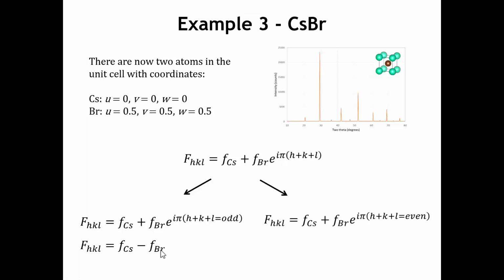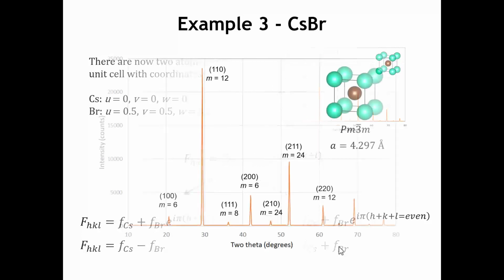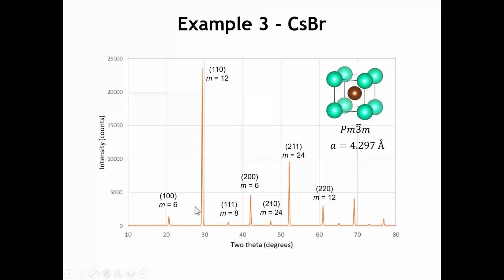When h plus k plus l is an even number, then the exponential goes to a 1, and we get a structure factor which is the form factor of cesium plus the form factor of bromine. Now, scattering off of the two atoms leads to constructive interference for these peaks. And so that really explains this intensity variation we see in the pattern.